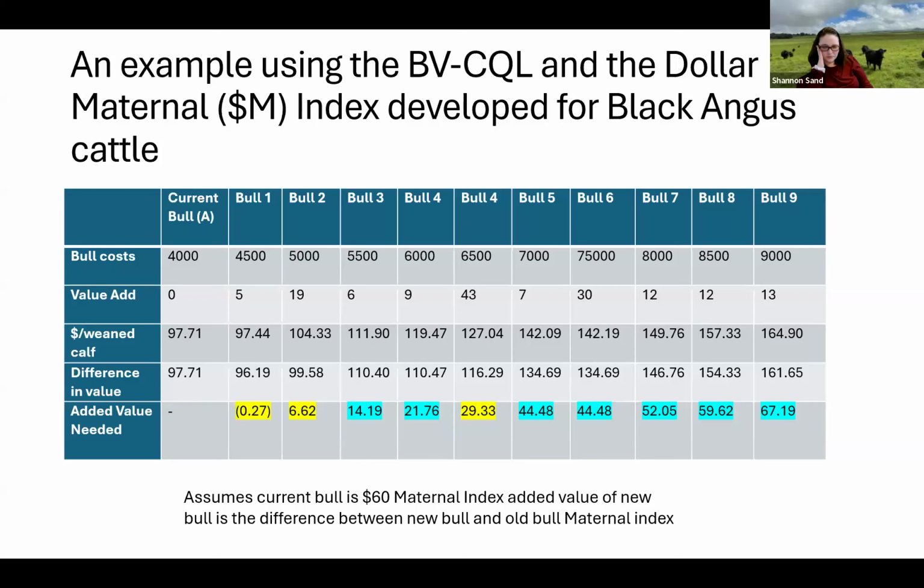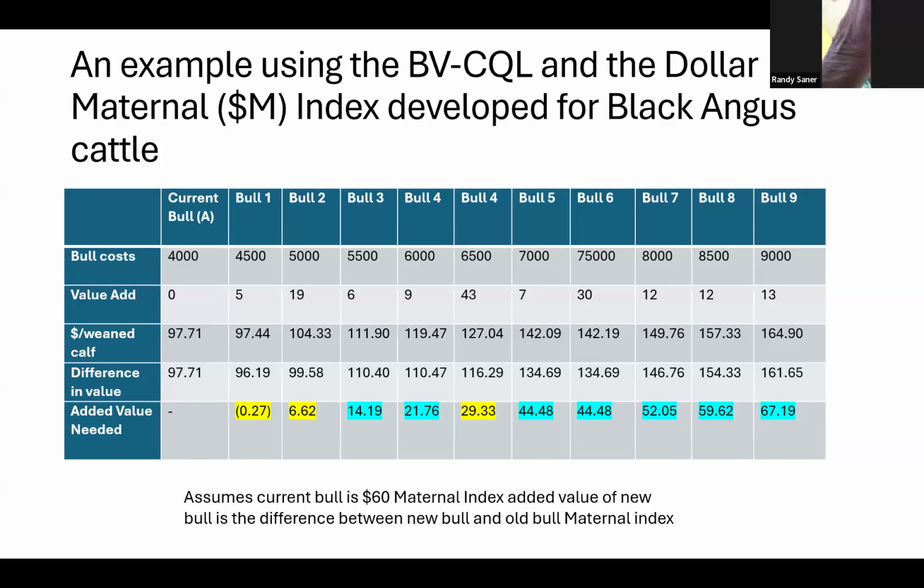But his value, actually the difference in value, he's costing me $96.19 per calf and per cow, because of the added value to the calf. Basically I only needed 27 cents, but I actually have $5, so I'm doing pretty good. Yeah, he's worked for you, and he's a lower priced bull.